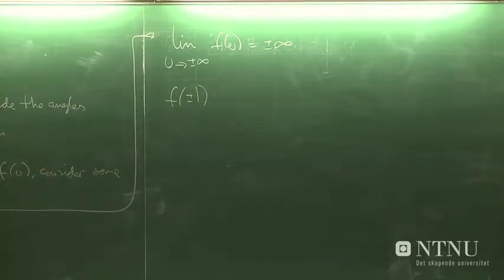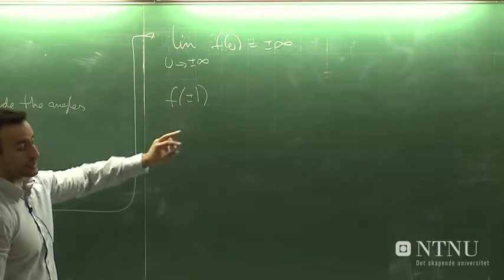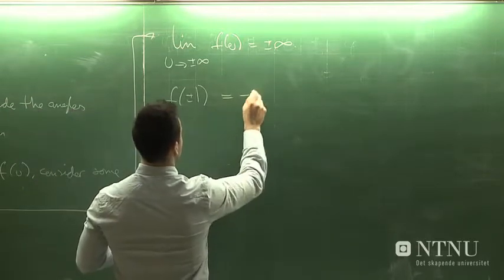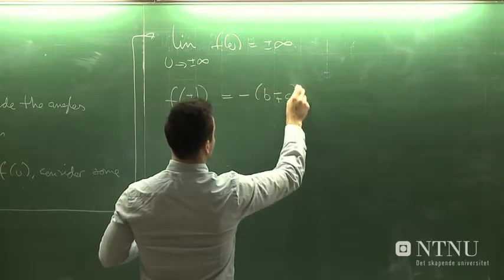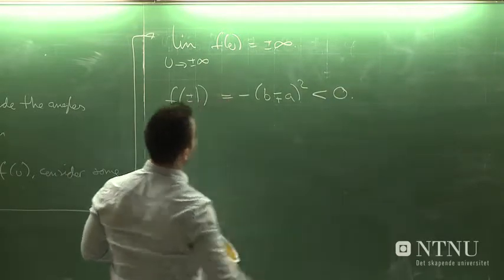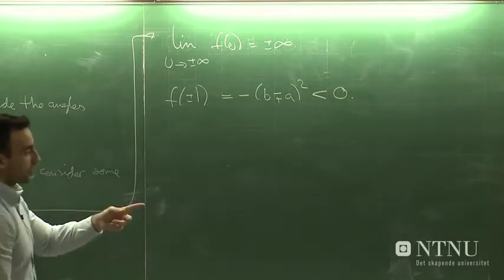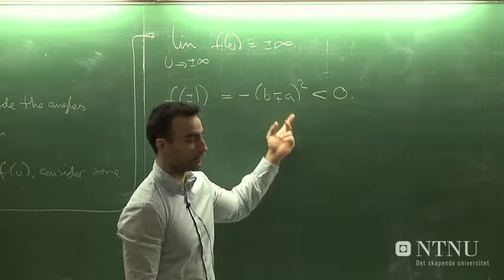For reasons I will explain in just a little while, it's also convenient to consider what happens with f in the limits plus minus 1. And if you insert plus minus 1 for u in this function, you will get this, which is smaller than 0. It's a negative number.